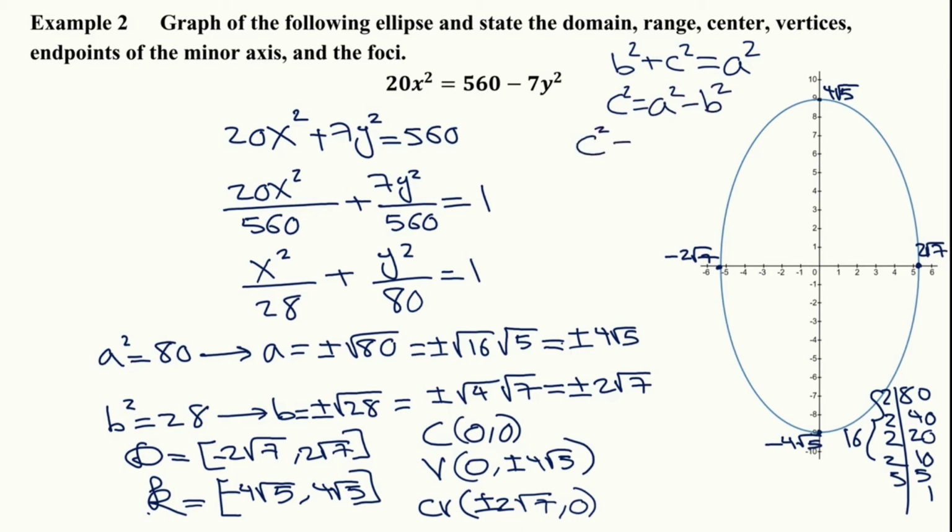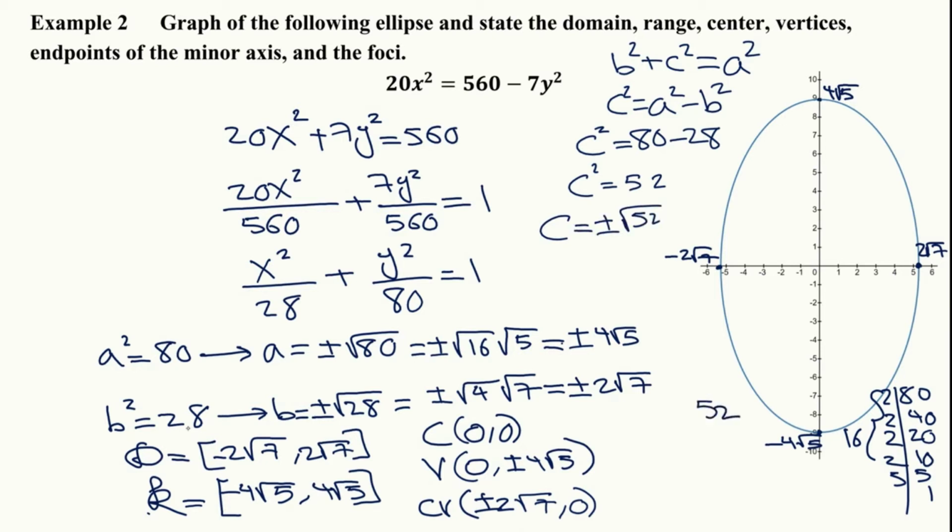So c squared is going to be a squared, which is 80, minus b squared, which is 28. So we get c squared equals 52. So c values are going to be at plus or minus square root of 52.